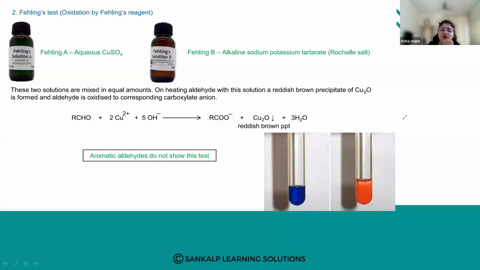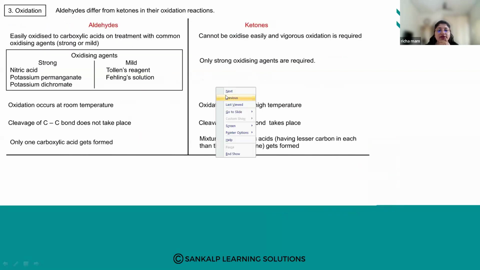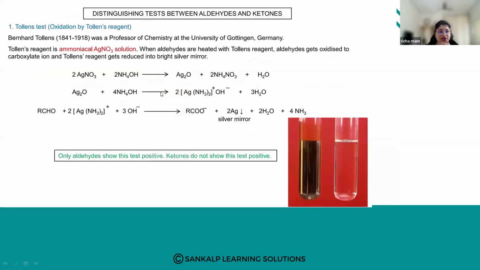Then we have seen the oxidation of aldehydes. Aldehydes are easily oxidized to carboxylic acid. The two important tests for aldehydes are Tollens reagent and Fehling's solution. With Tollens reagent you get a silver mirror, and this test is positive only for aldehydes.